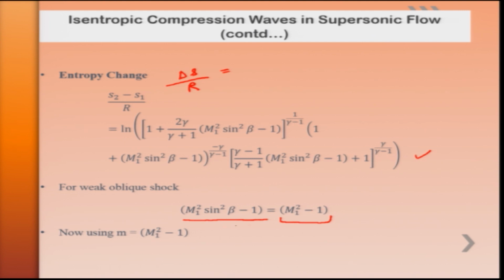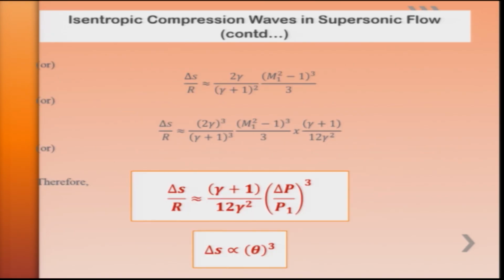Now substitute this M1 square minus 1 as small m here, which I have done here. For convenience in solving this entropy relationship, I use M1 square minus 1 as m and introduce it into this expression.